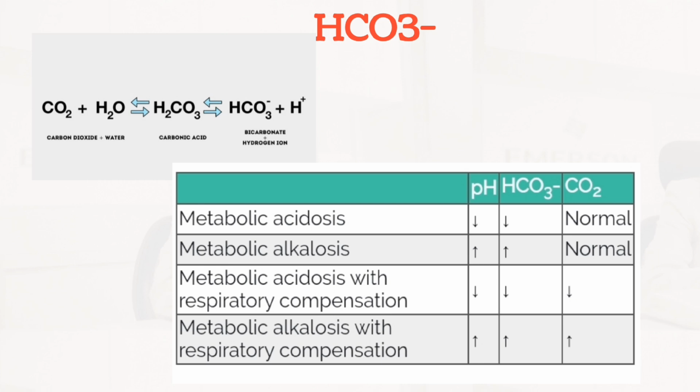Finally, for metabolic alkalosis with respiratory compensation, the pH is high, bicarbonate is high, and carbon dioxide is high as well. You may note that in each of these tables HCO3 and CO2 are both included, as it is important to look at each in the context of the other. That's the end of discussion on bicarbonate.